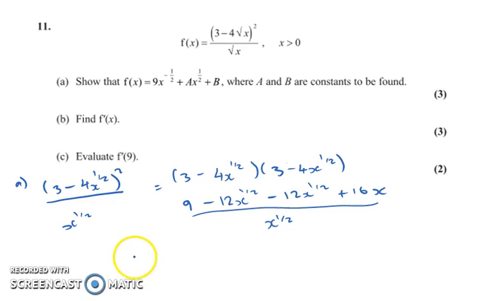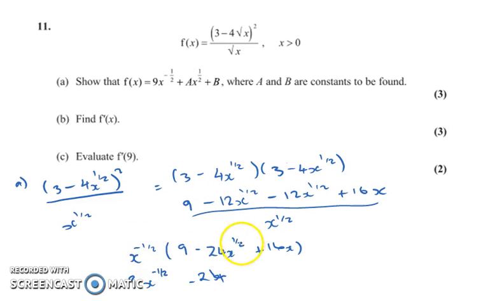So when we rationalise it, we bring up the x to the half at the top. So we've got x to the minus the half. And we're going to multiply that by 9 minus 24x to the half, add 16x. When we expand this bracket, we get 9x to the minus a half, minus 24.